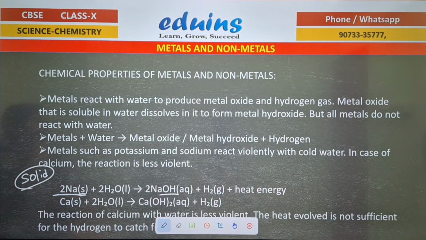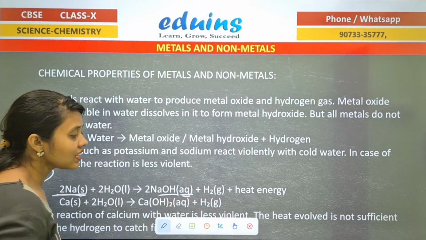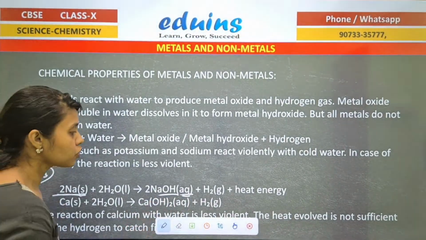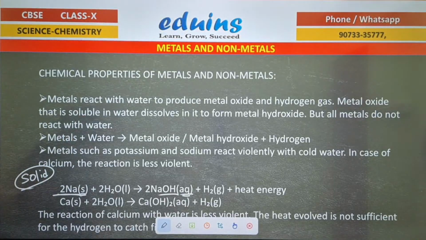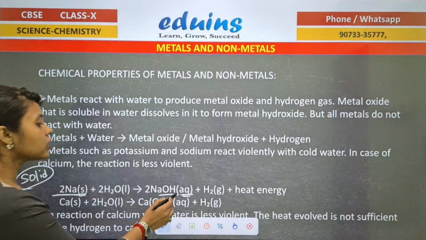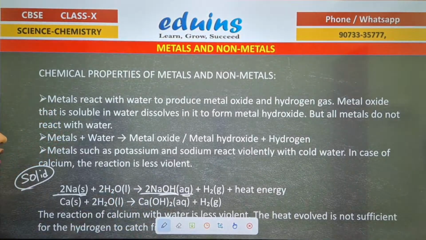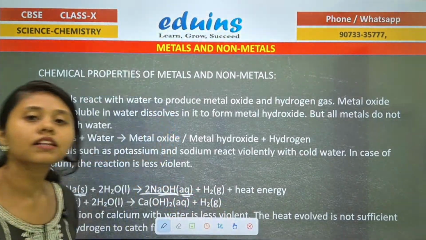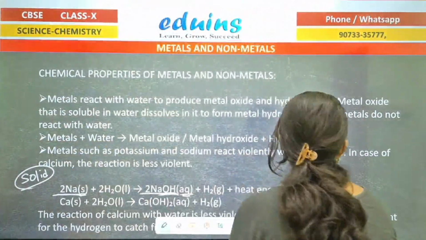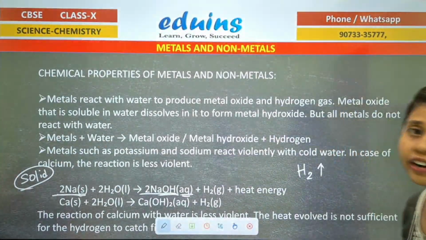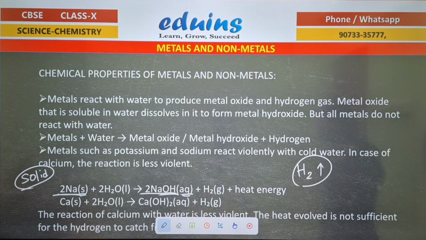This is the hydroxide because OH is present in the formula. Now 2NaOH aqueous, this is not liquid, this is the aqueous solution. So now 2NaOH, that means sodium hydroxide solution plus hydrogen, G means gas. If we write H2 with an upward arrow, that also means the gaseous state.